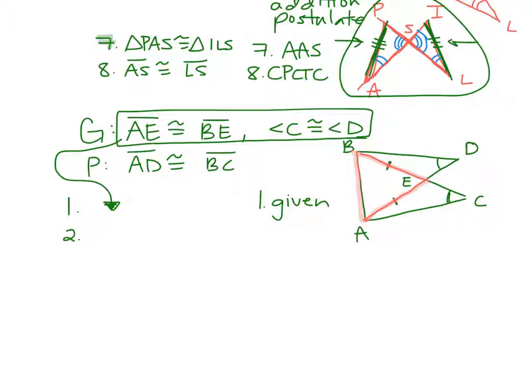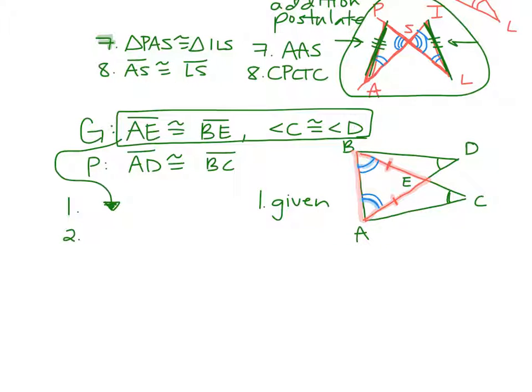But what do you know about this triangle? It's isosceles. So in an isosceles triangle, what do we know to be true? Because the two sides are congruent, then the base angles must be congruent. Yeah, EBA and EAB, right? These two base angles are going to be congruent because it's an isosceles triangle.